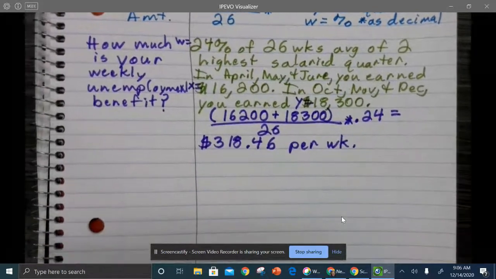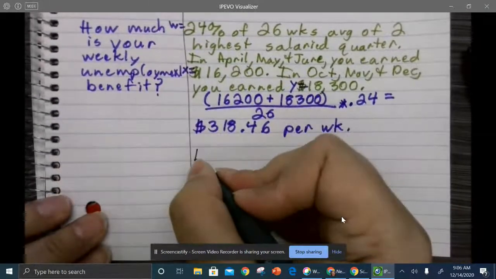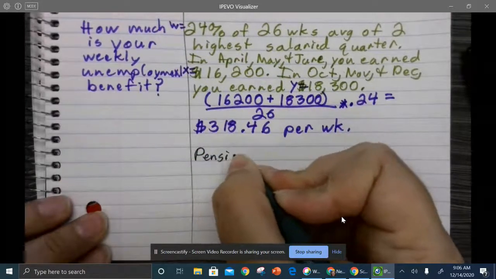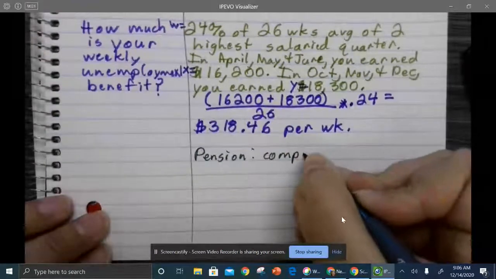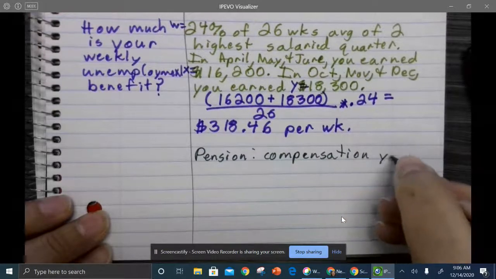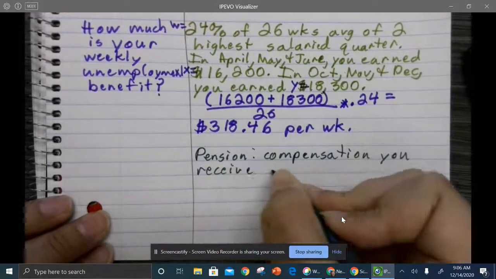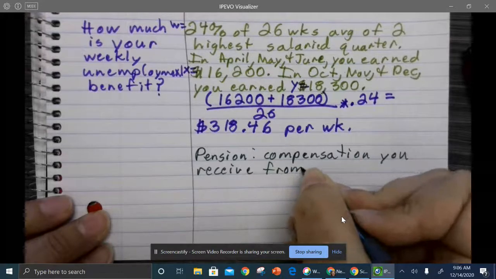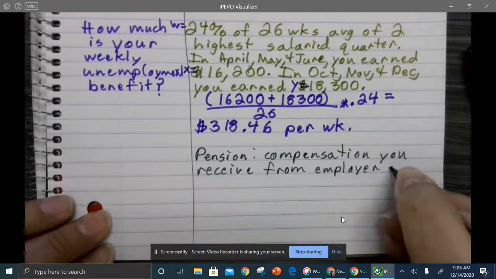Okay, so another benefit that they offer is called pensions. And often if you work for the government, you get a pension. So it's a pension that you receive when you retire from an employer after retirement.